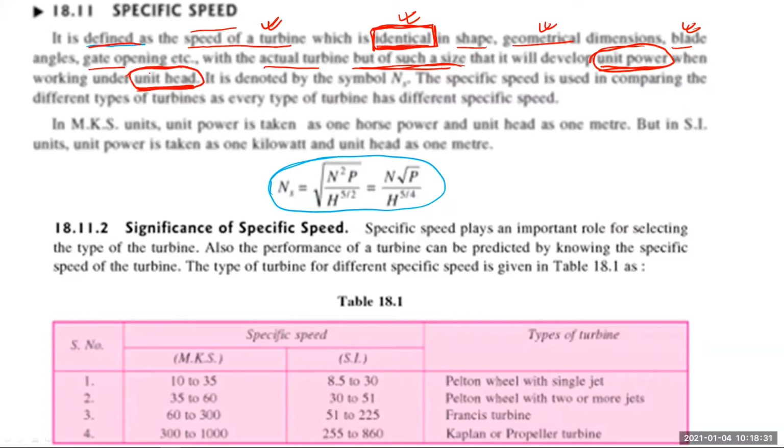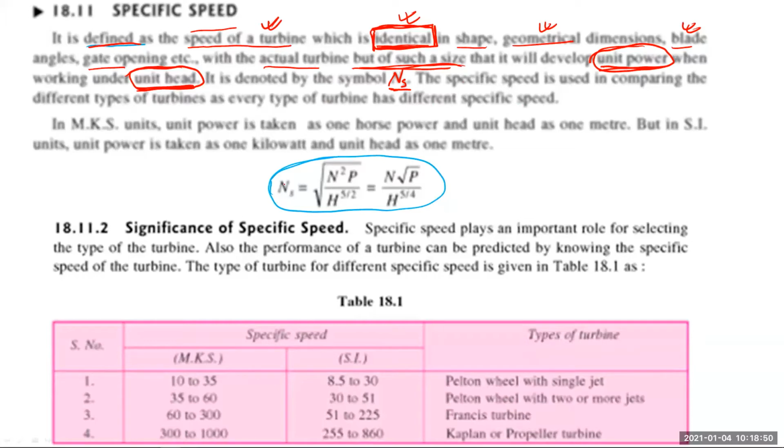This is how you can remember the definition. Very simple. It is denoted by Ns, this is your N and suffix S is written over here. It is used for comparing different types of turbines, as every type of turbine has a different specific speed.